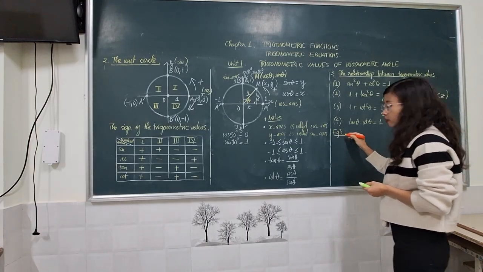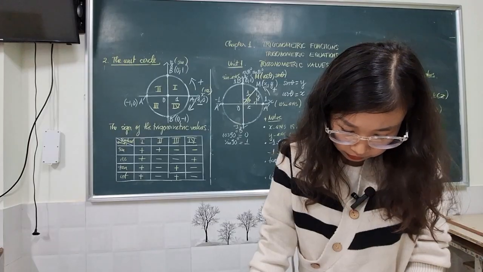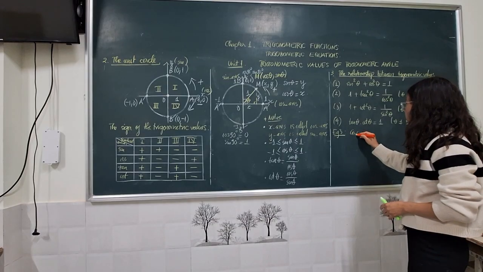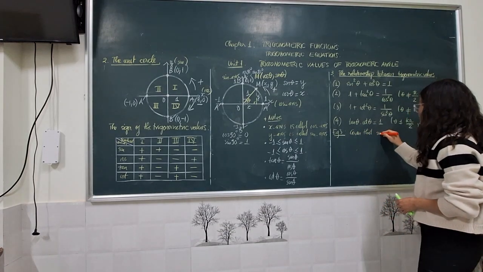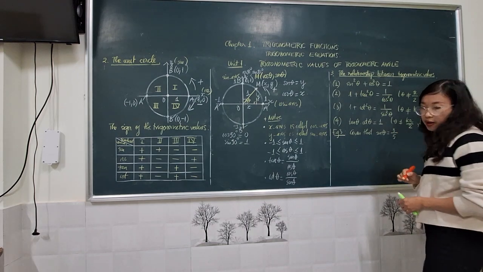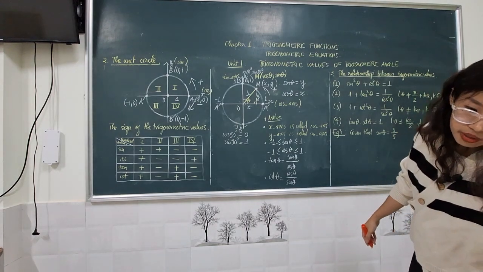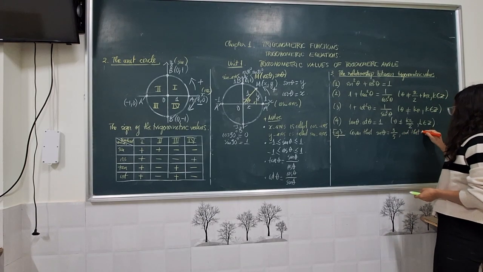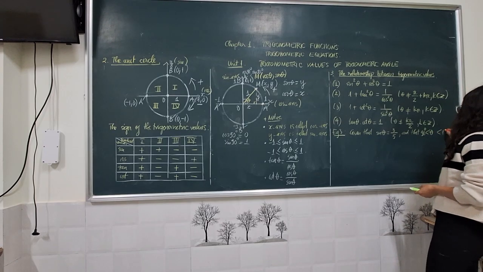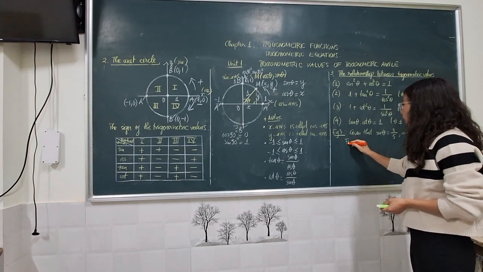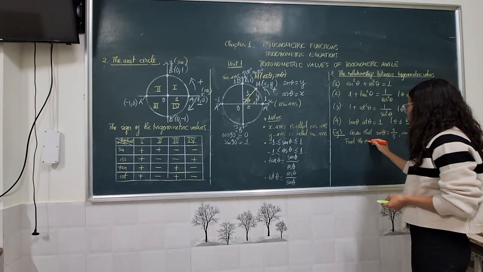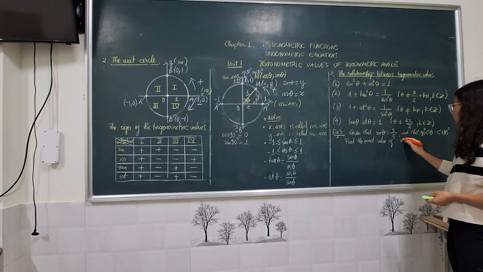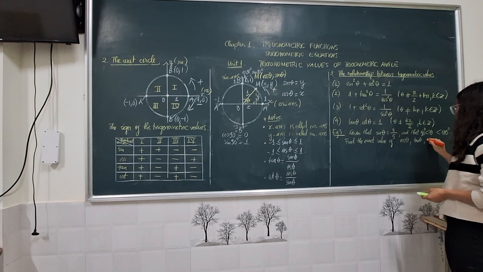Now let's do some examples. Example 3: Given that sine theta equals 3 over 5, and that theta is between 90 degrees and 180 degrees, find the exact values of cosine theta, tangent theta, and cotangent theta.